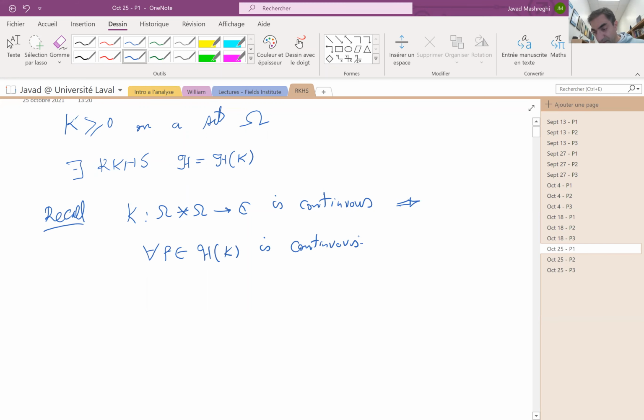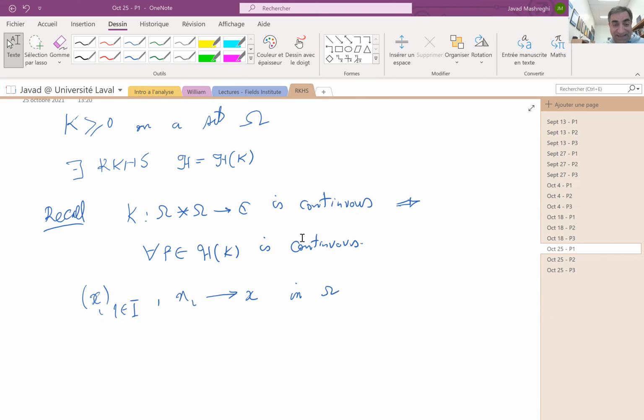And indeed, we used a result in the proof, which by itself is somehow important: that if x_iota, when iota is in a set I, is a net, and x_iota converges to x in Omega. We assume that Omega has a topology, so it's a generalized way of thinking about convergence here.